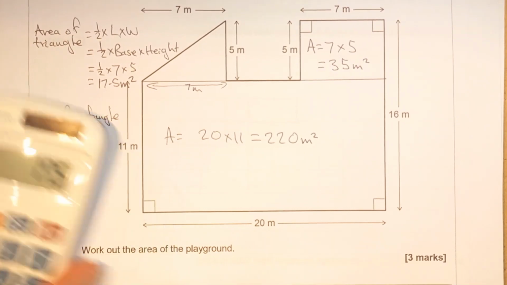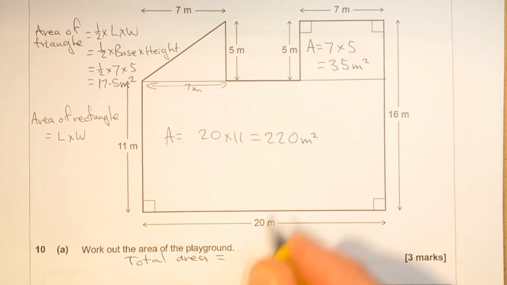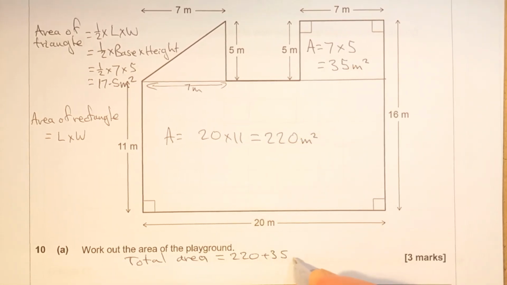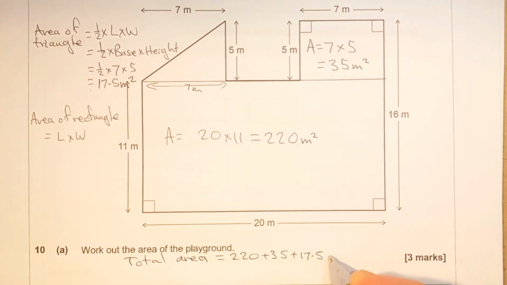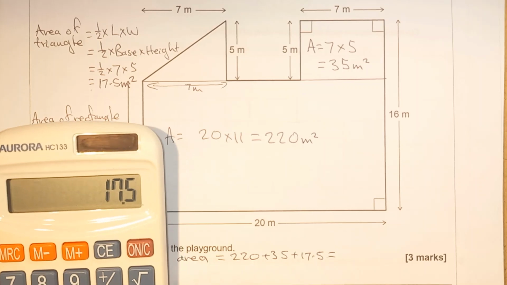meters squared. So if we want the total area, we need to add those all together. So the 220 plus the 35 plus the 17.5. Well, we've already got the 17.5 in, so let's do it backwards.